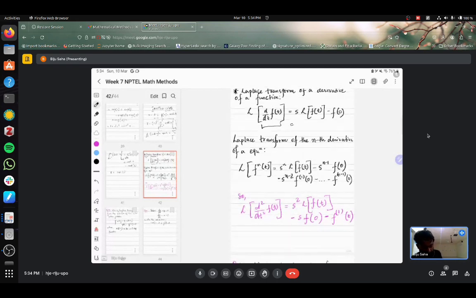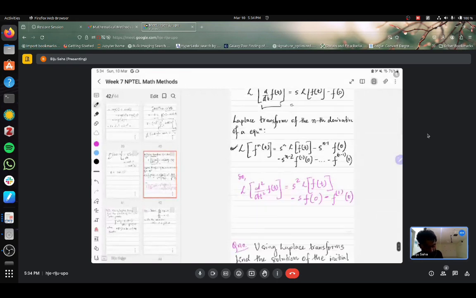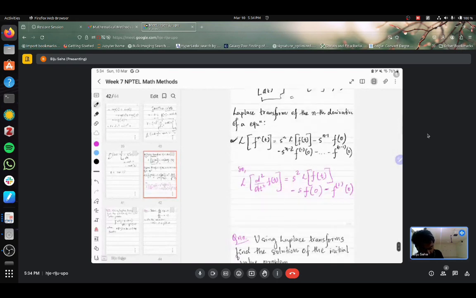This is the expression for the nth derivative. From this let us extract the result for second order derivative, because we will be dealing with a second order differential equation problem, as we discussed in the previous class also. So from this, put n equal to 2.